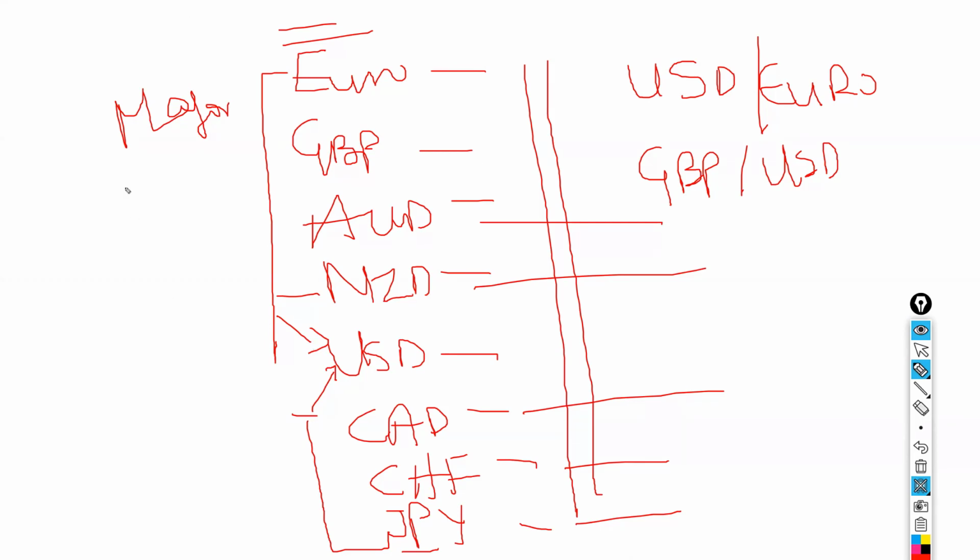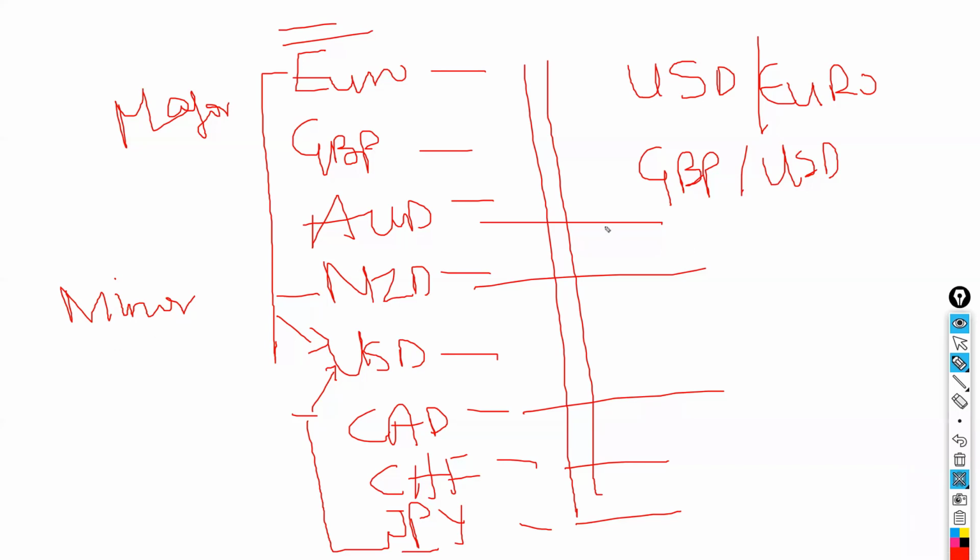And we have the second class, which is the minor currency pairs. The minor currency pairs simply means whenever any of these currencies right here are paired against each other, not the USD.